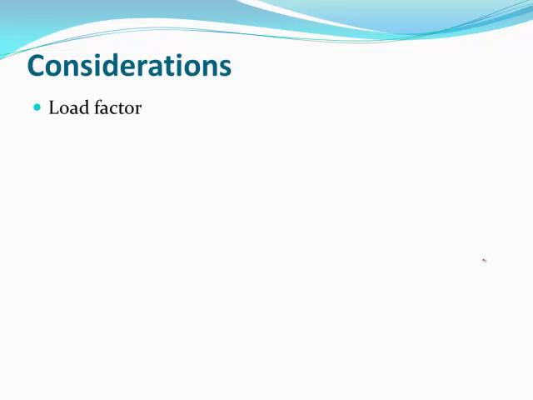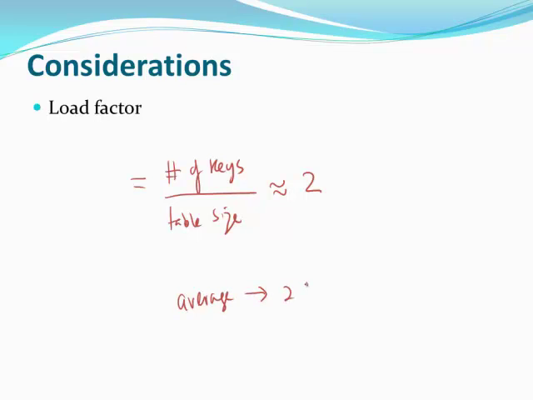Now, we talked about what the load factor would be. Load factor is defined as the number of keys in the table divided by the table size. Now, ideally, we like to keep the load factor close to about 2. In other words, on average, we have 2 keys per chain. So when we search for something, we don't do worse than 2 operations.